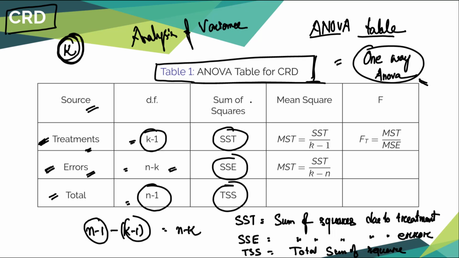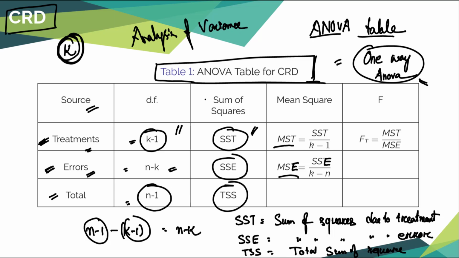Once you calculate the sum of squares, the next column that we calculate is called mean squares. Now what is mean square? This is mean square due to treatment, MST. This is mean square due to error, MSE. Mean square is obtained by dividing the sum of squares by their respective degrees of freedom.